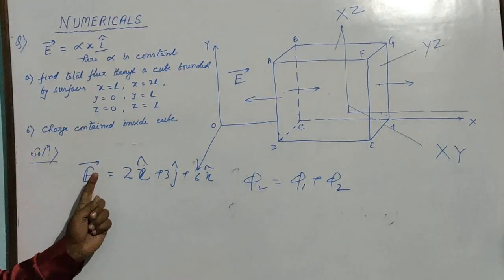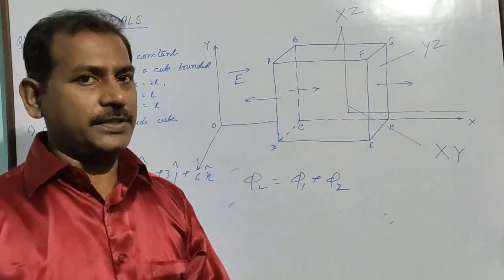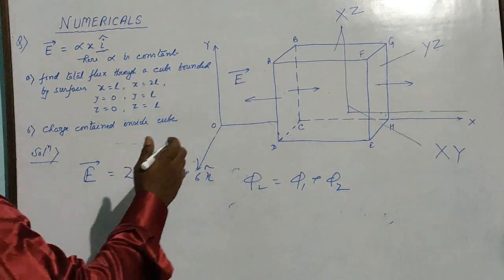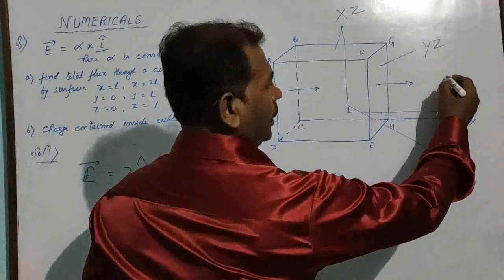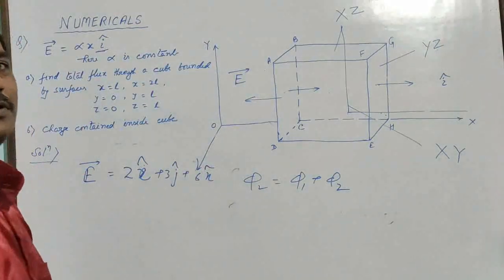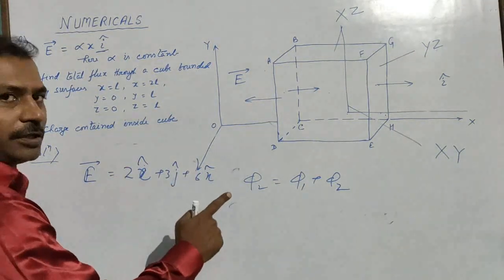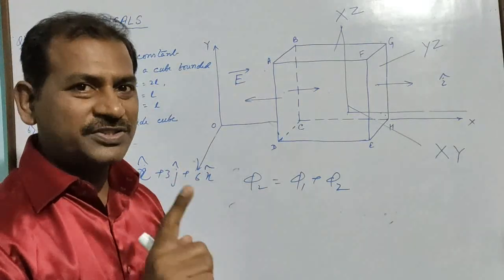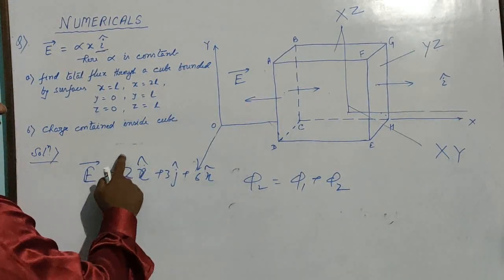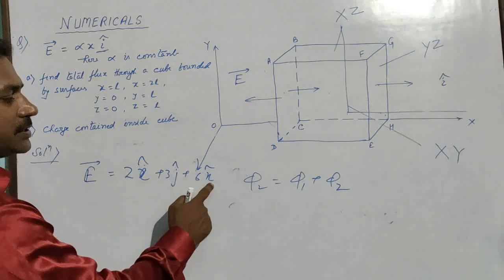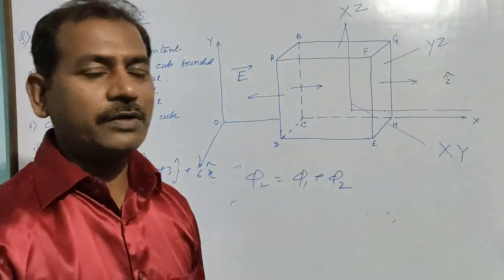In this case, field intensity is acting along the x-axis, along the y-axis as well as the z-axis. If you are being asked to find out the flux from this portion, then the area vector will act along i cap. So this particular field intensity will propagate along x, y and z in all the three axes, but it will give the flux with only this component of the field intensity, not by this and this, because if you take this one and this one, the field intensity and the area vector will not be parallel to each other.